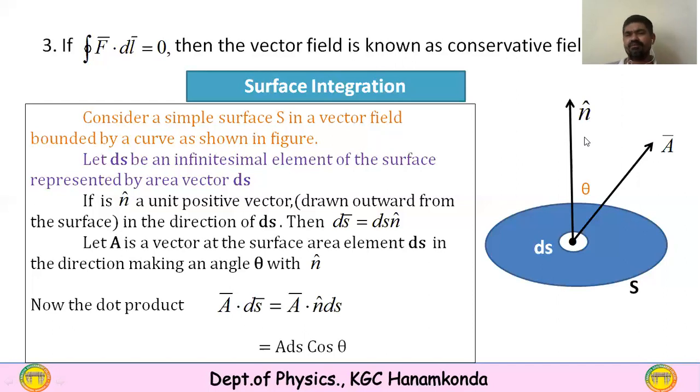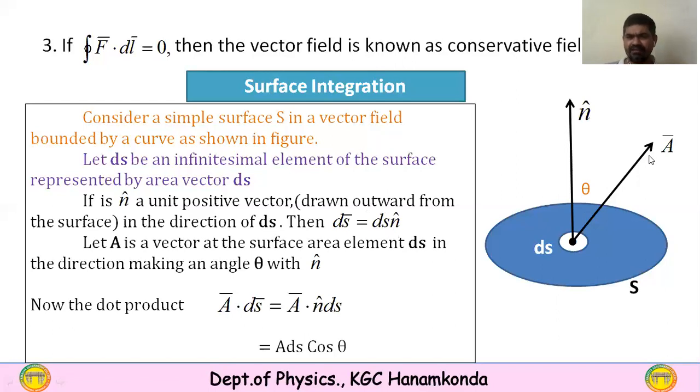Therefore, we have to take the direction of the surface area. The projection of the vector quantity along this area vector gives us surface integration. This area vector is written as ds bar = ds n cap, where ds is the magnitude of the small elemental area and n cap is its direction.